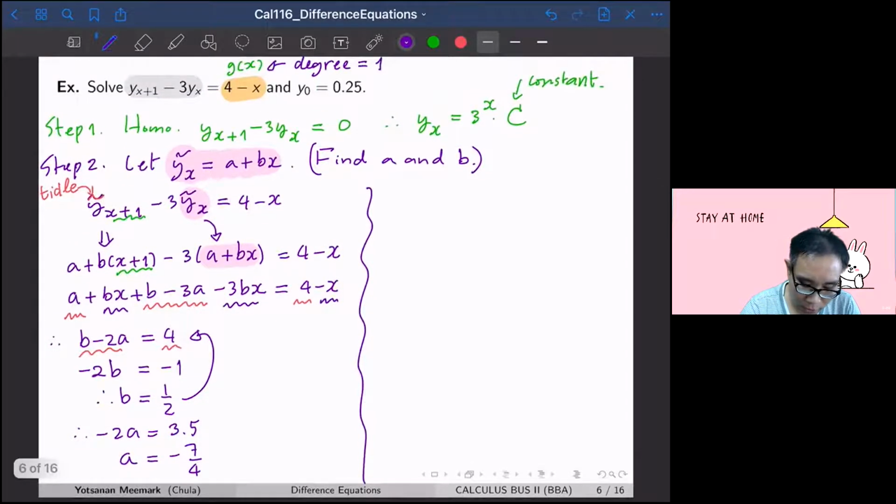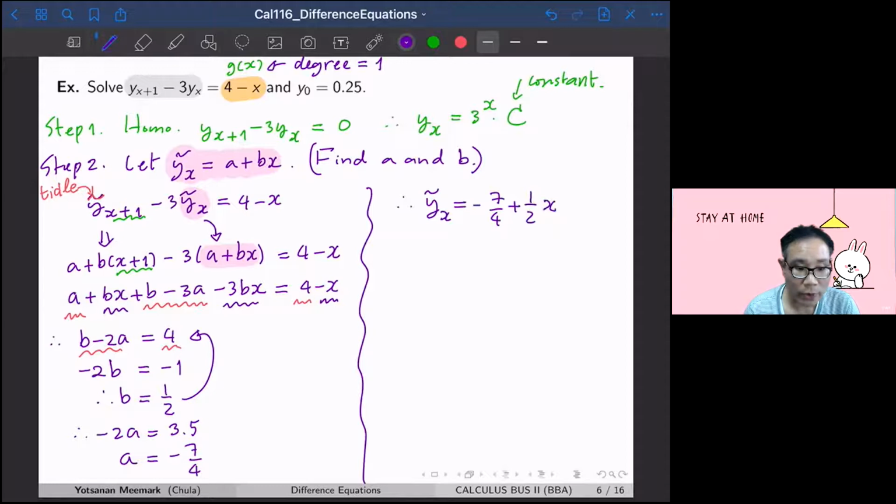You're gonna get y tilde(x), the particular solution, given by a equal to negative 7 over 4 plus 1/2 x.